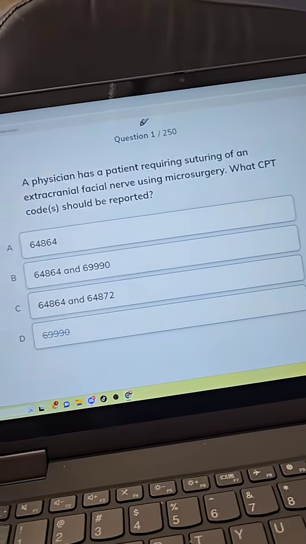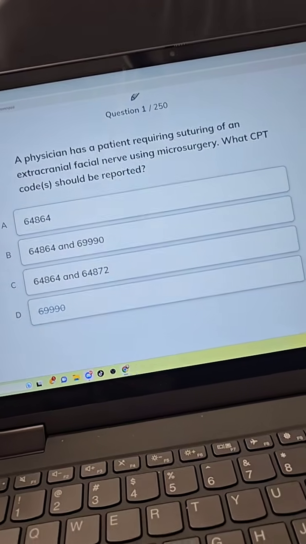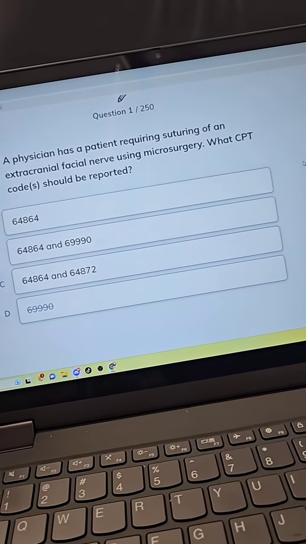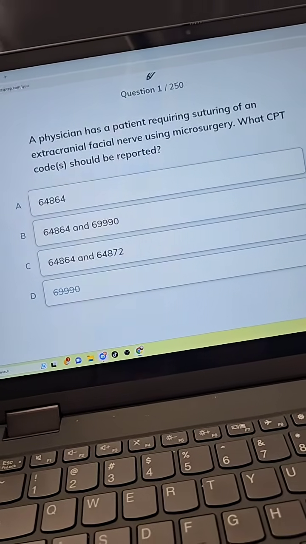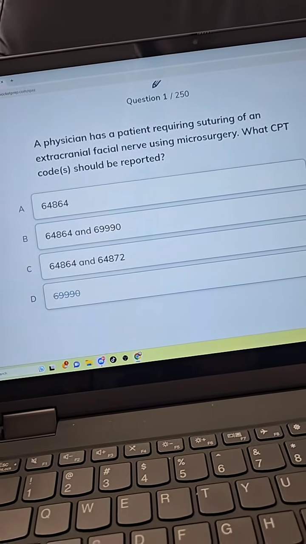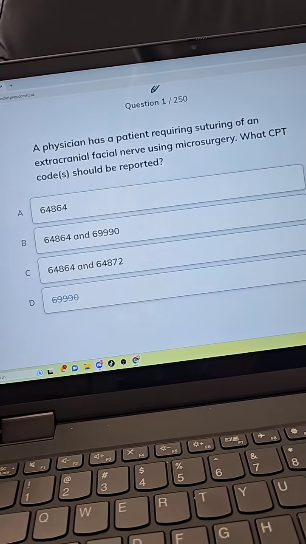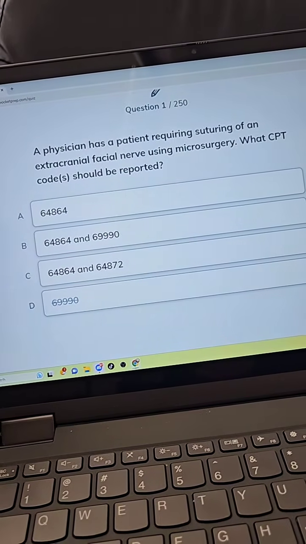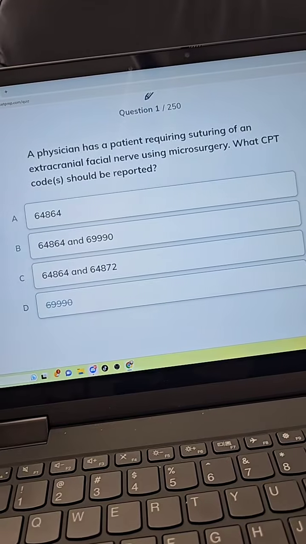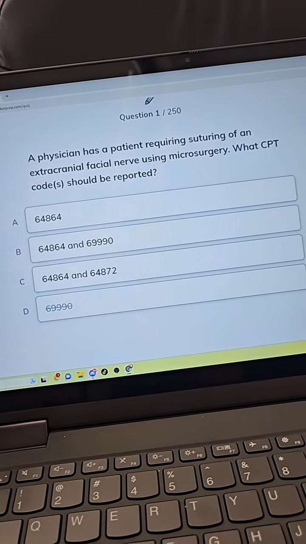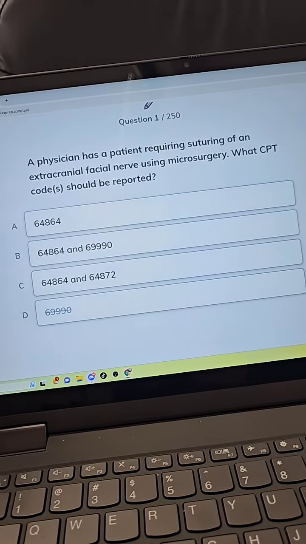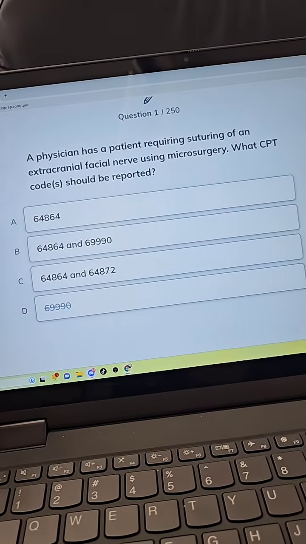What do you guys think the answer is for this one? And depending on what the answer is, we can make notes in our book.